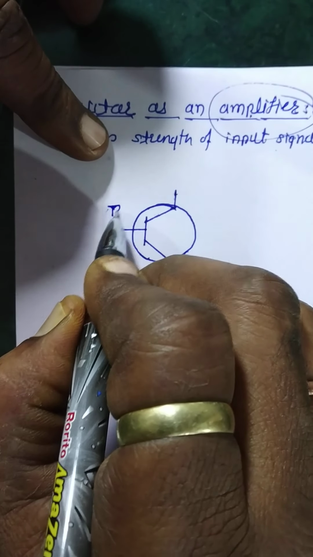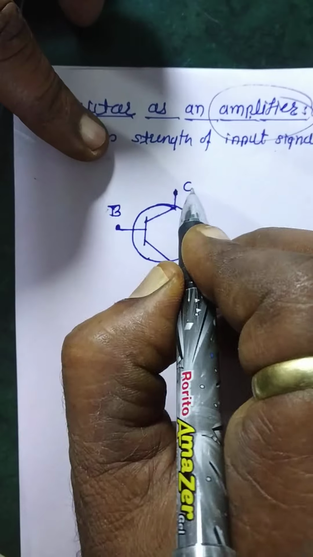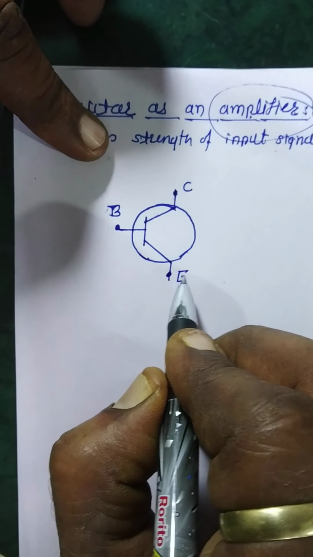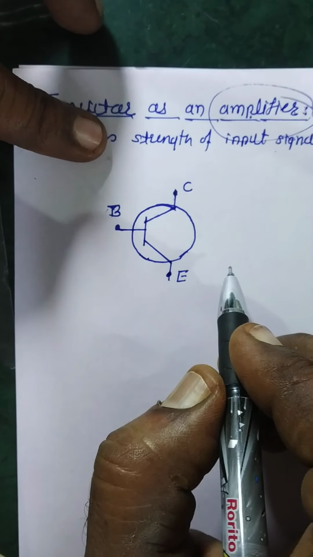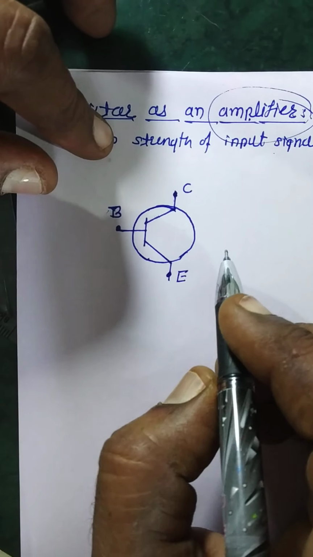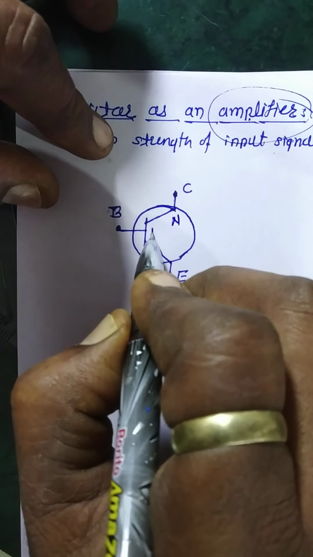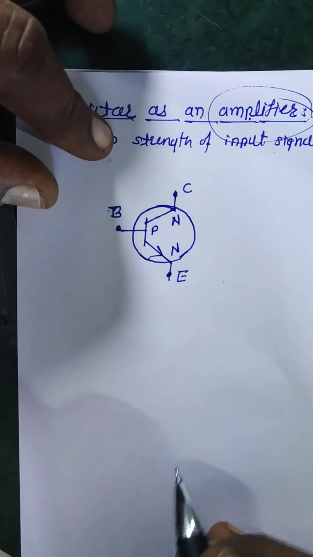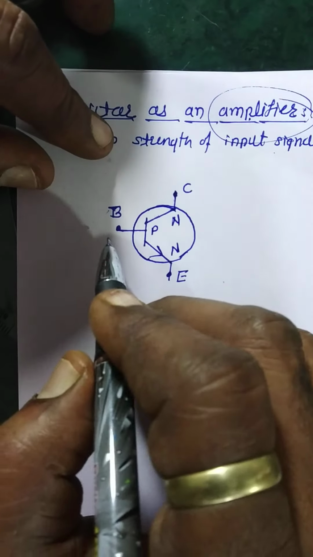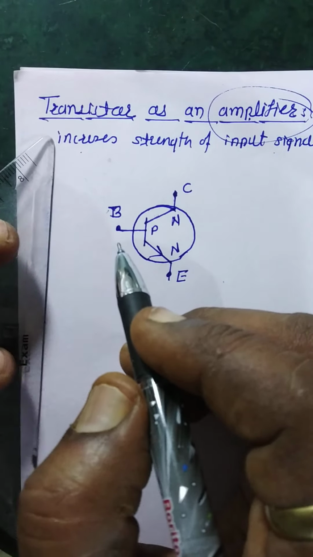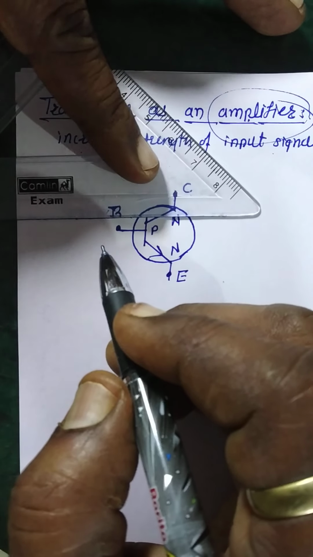Base, collector, emitter. Suppose this one as NPN type transistor. Base current. Okay. Now see.